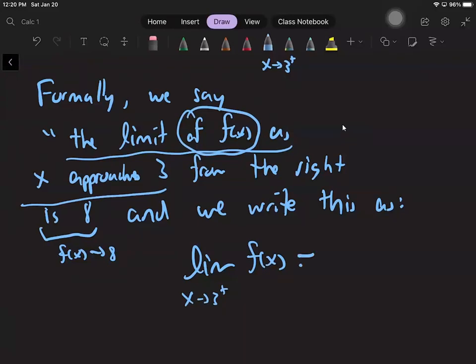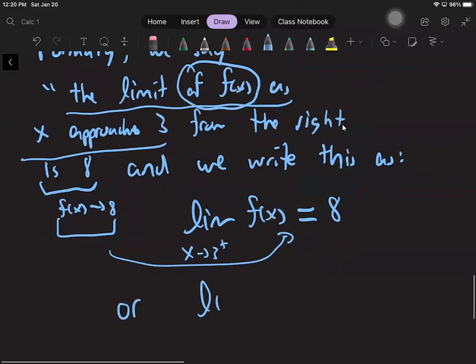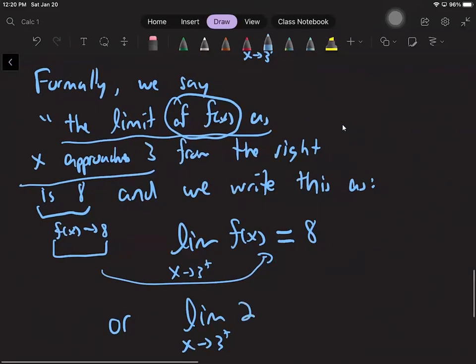And then whatever it is, you write equals 8. Or since we have a particular function in mind, we could just write that function here, which was 2x plus 2, and say that that's 8.